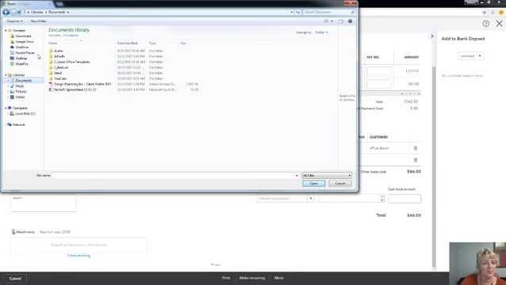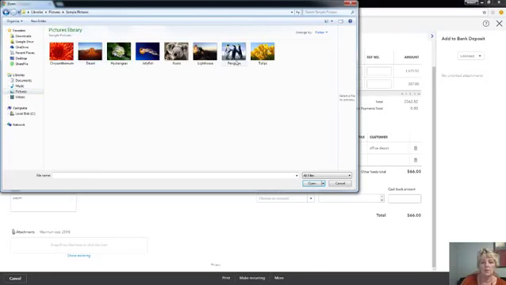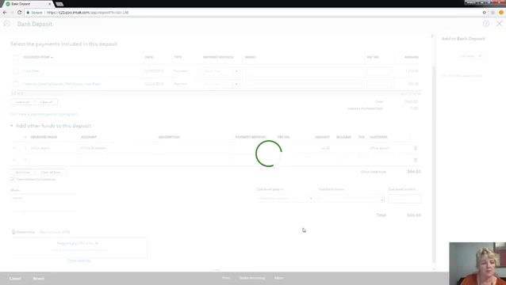I'm going to go back to those pictures. So let's say this is our receipt. Now we have our receipt in here. And you can literally throw away that piece of paper because now we have a picture or a receipt attached.